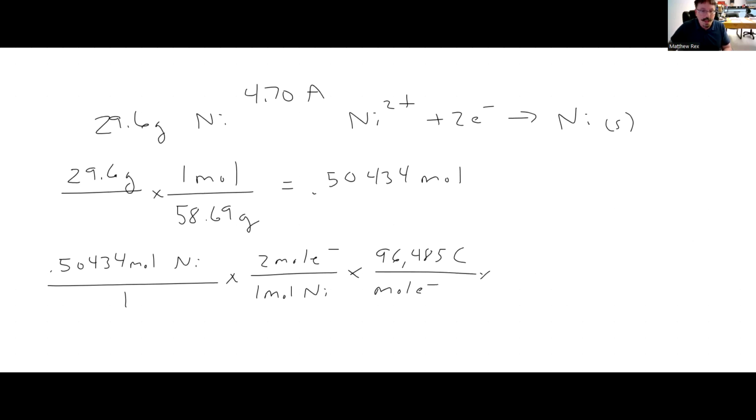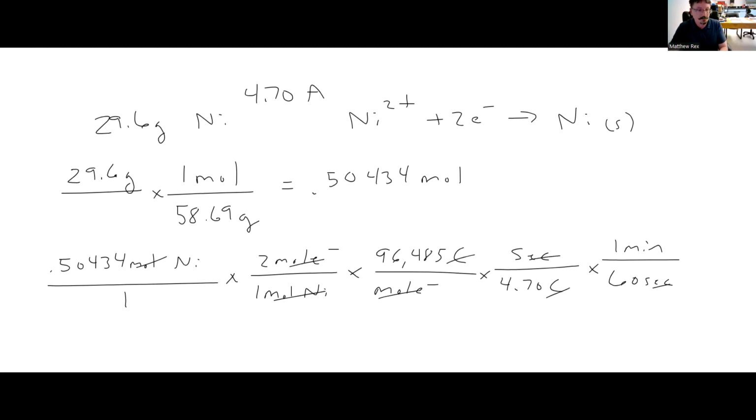I know the amps are measured in coulombs per second. And I think this is in minutes. Yep. For every 1 minute, we have 60 seconds. So moles of nickel will cancel. Moles of electrons will cancel. Coulombs will cancel. Seconds will cancel if we set it up this way.